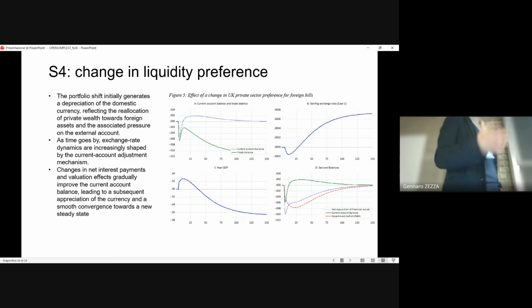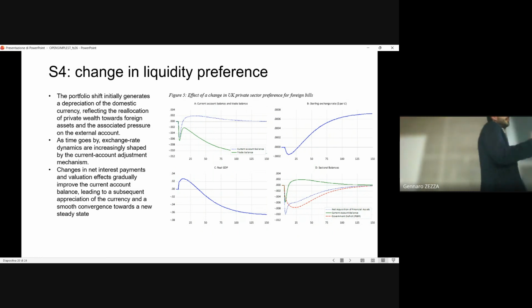And again, the results mimic the ones that you see in the open economy models. The initial portfolio shift generates a depreciation in the short term. And this reflects the reallocation of the assets inside of the portfolio. But then this takes down the current account, and this puts pressure on the exchange rate.